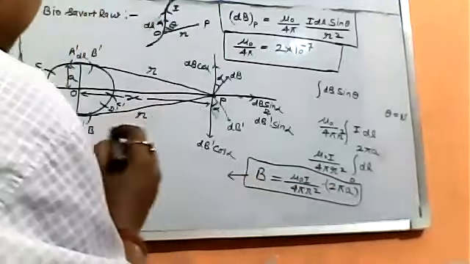radius of coil. Okay, so pi a square, what is pi a square? A is radius, so what can you write in place of pi a square? Tell me. Area.